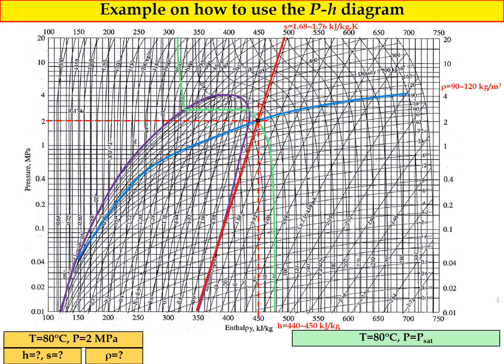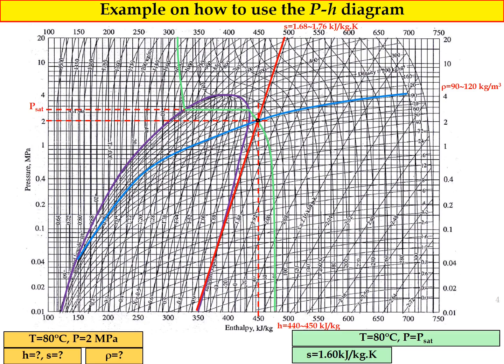Okay, let's say we have the second case. The data given are the temperature 80 degrees Celsius, and the pressure is at saturated pressure. So if we draw on the PH diagram a line for the constant pressure at saturated pressure, we can draw the horizontal line as shown in the PH diagram.